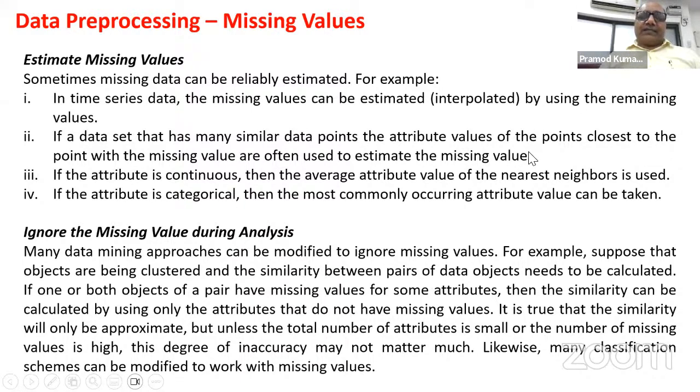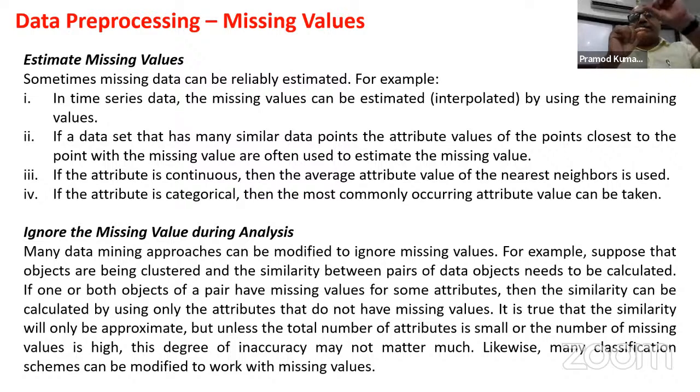It is not necessary to take only the one particular nearest object. You can rather take a set of the nearest objects, suppose 4, 5, or say 10 nearest objects, and then take the average of the missing attribute. Suppose this is the missing attribute and these 10 are very similar to this.